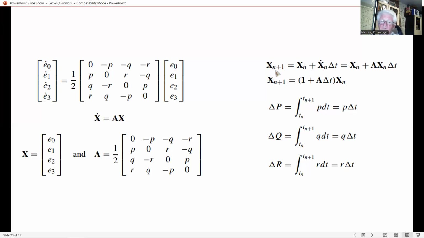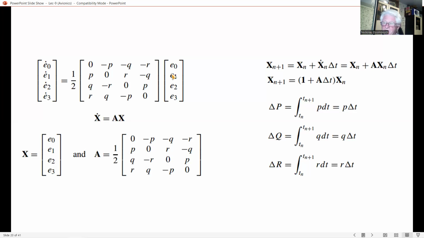The predicted value of x at time tn plus 1 is given by this first expression. Here, under my picture, you may find it as x sub n plus matrix A times vector x sub n times delta t.